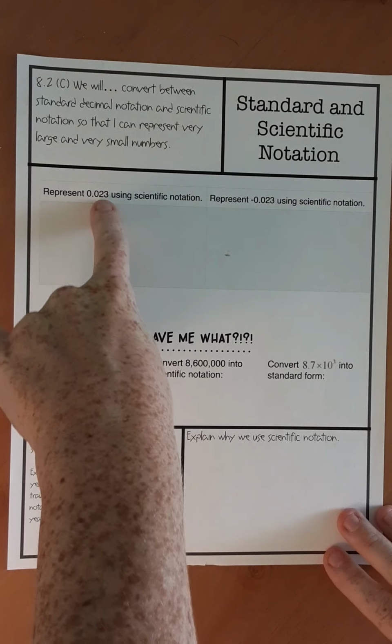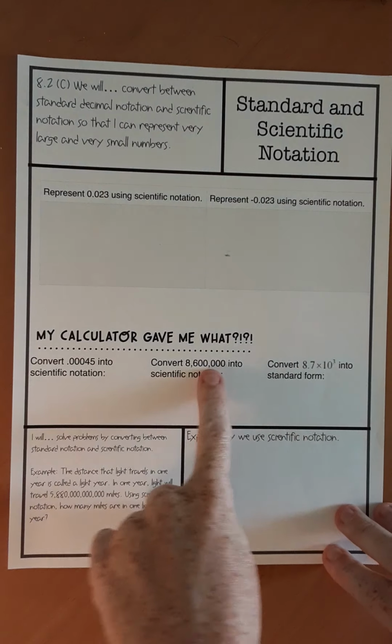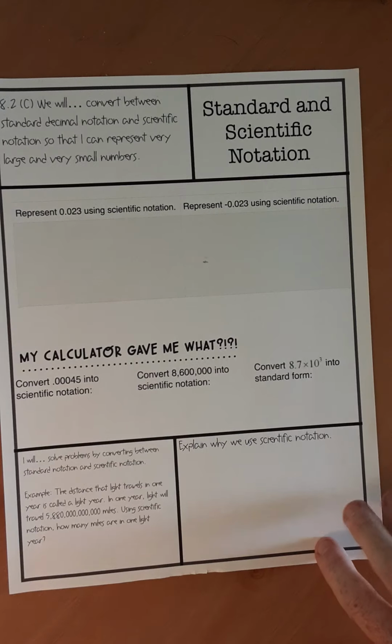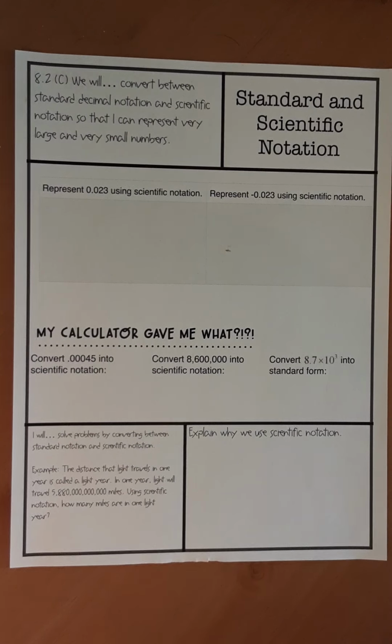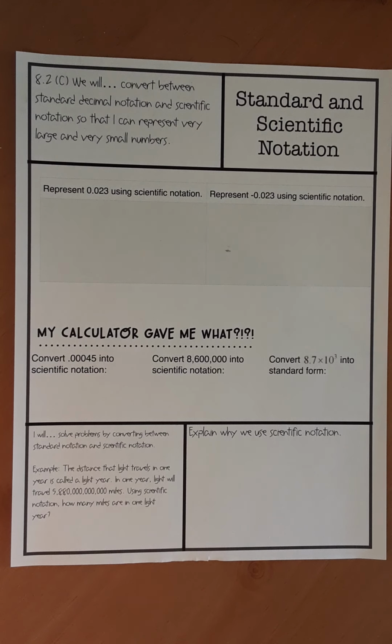Each place value in a number, no matter how large or how small, is worth 10. So this helps us not have to write really, really large or really, really small numbers multiple times. We can write it in this scientific form, and it makes the process much faster.